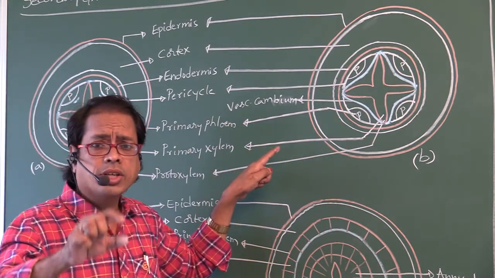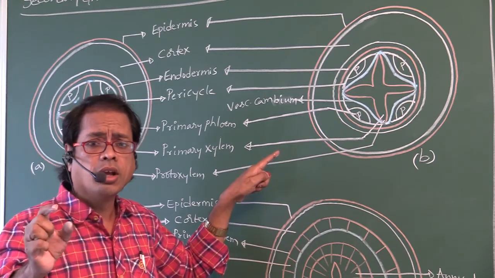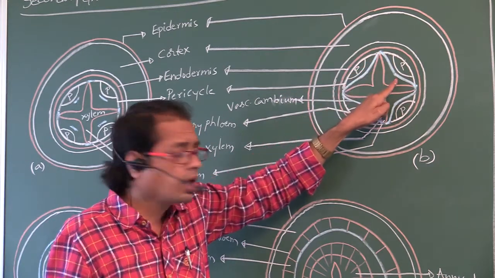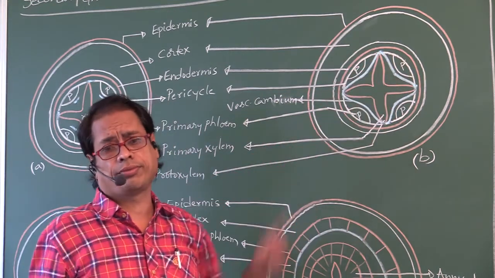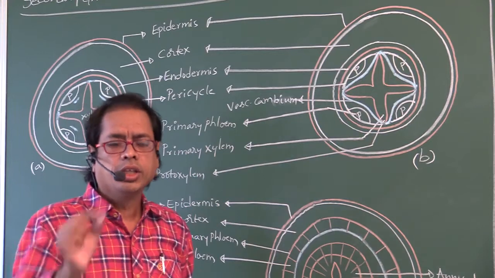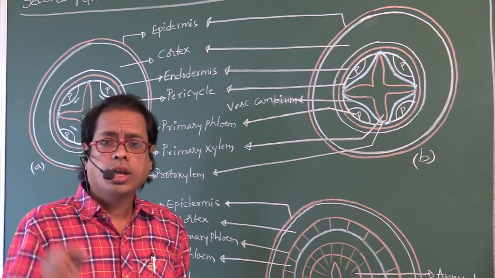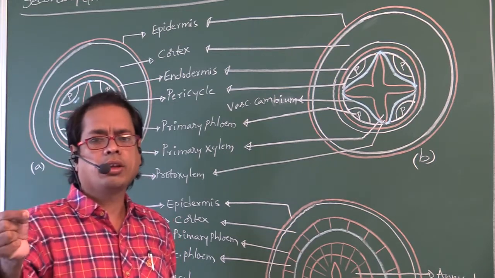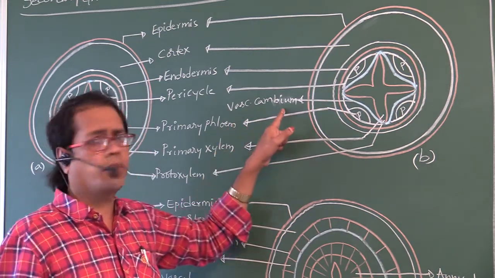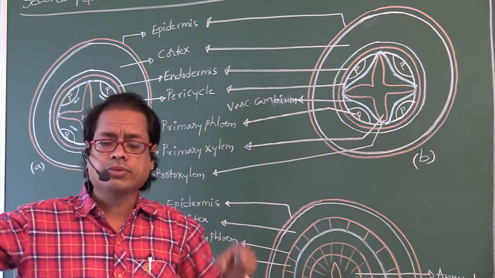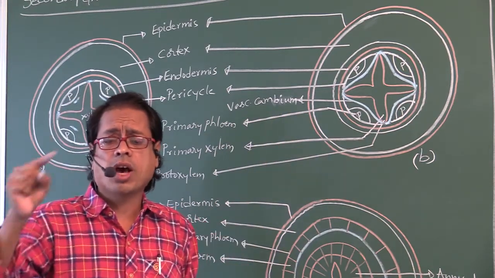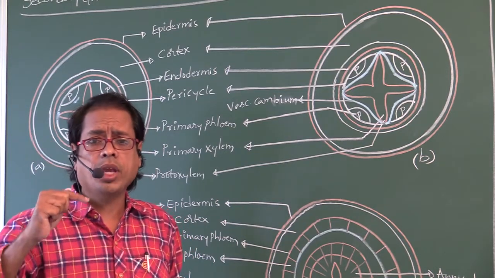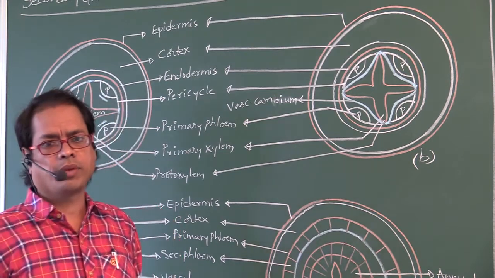Which parts in dicot root are helpful in formation of vascular cambium? A part of pericycle and a part of conjunctive tissue. This is a very, very important point. Whereas in dicot stem, the vascular cambium is formed from intravascular cambium and intervascular cambium.